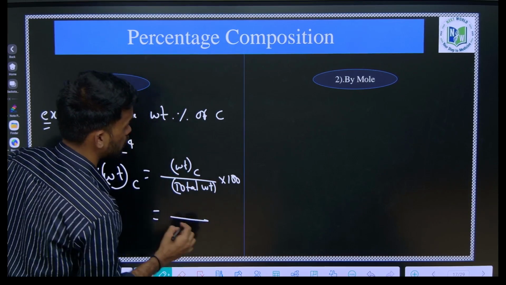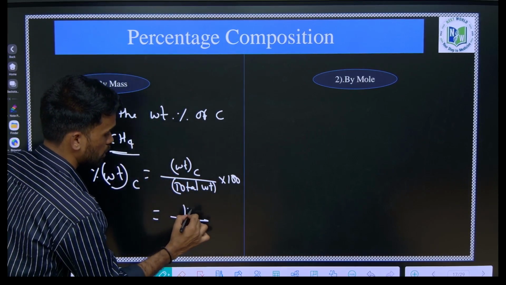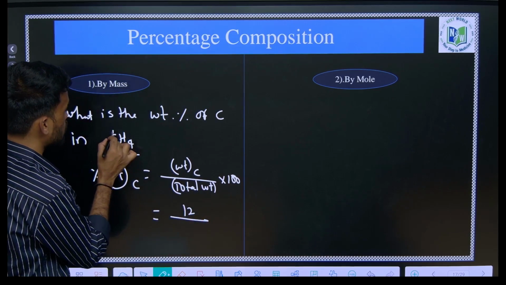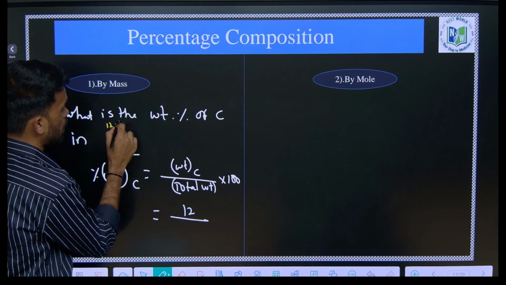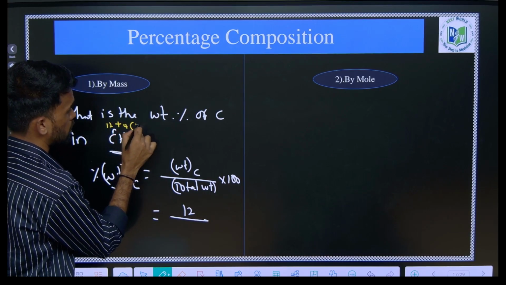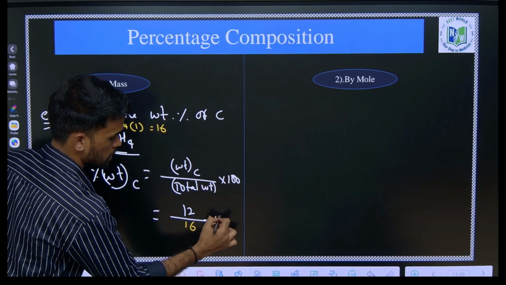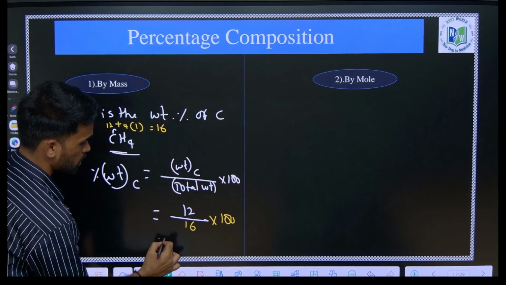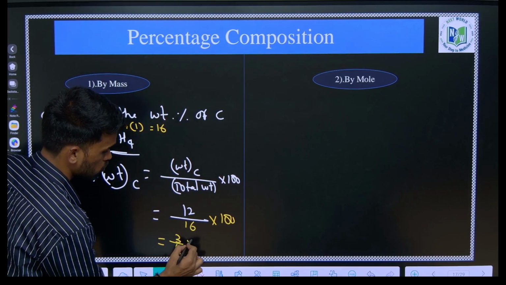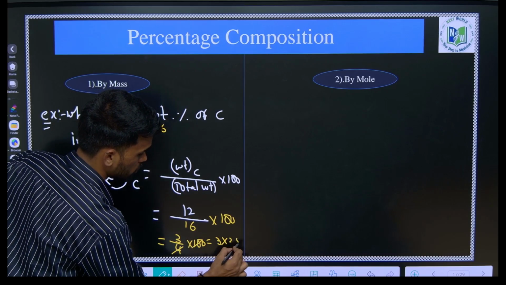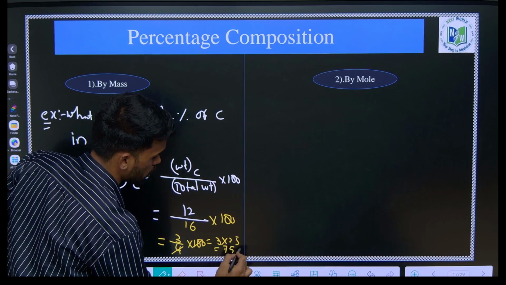The weight of carbon in methane is 12 grams, right? The total weight is 12 for carbon plus 4 into 1 for 4 hydrogens, which is 16. So 12 by 16 into 100 is 3 by 4 into 100, which gives 75% carbon.